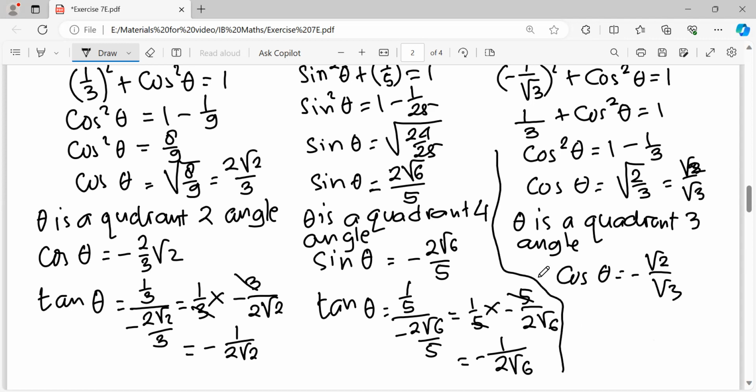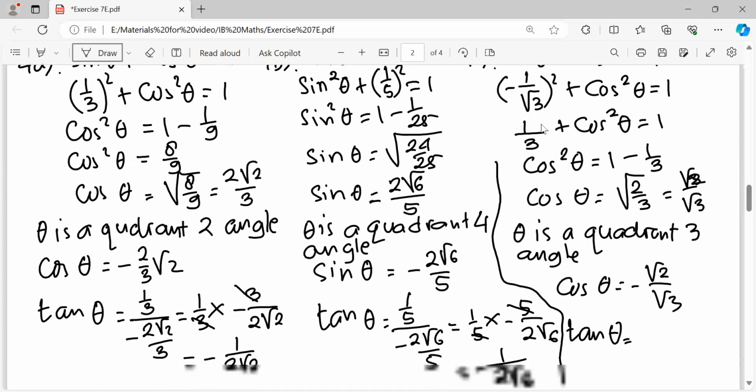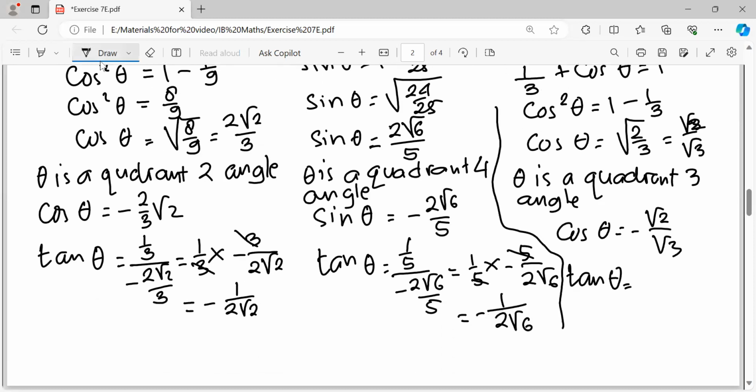It means tangent theta equals sine theta over cosine theta. Sine theta is negative 1 over square root 3, over cosine theta, negative square root 2 over square root 3.